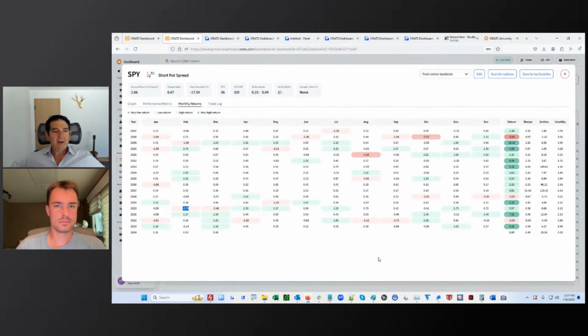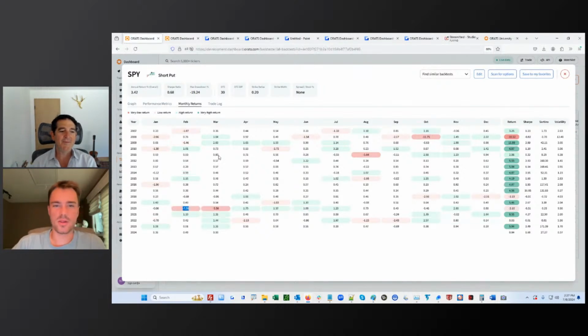So again, it has to do with your appetite for risk, but I don't know how you feel about it, Tyler. I certainly like this short put spread a lot more. Why? I'm starting to like it more. Just looking at the monthly returns, looking at the heat map, there's a lot less red in the spread.